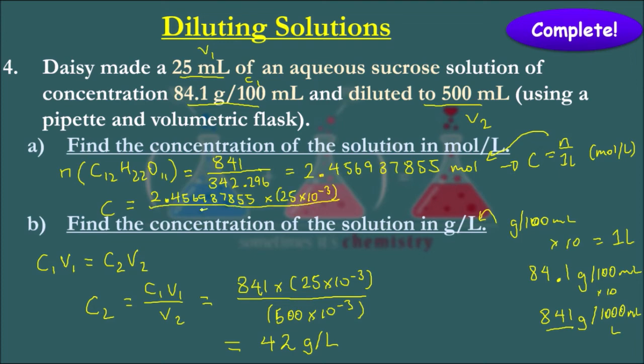Just managed to creep in enough space. 500 × 10^-3. And that gives us a molar concentration of 0.1228468928. If we round that off, the lowest significant figures used in the question is 2.